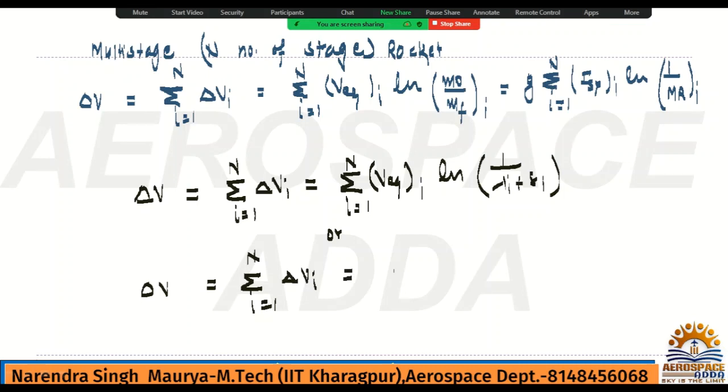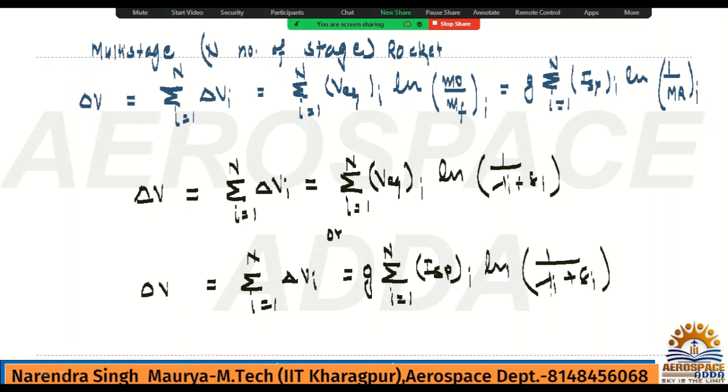If ISP they have given, the same formula, you can write i is equal to 1 to n, delta Vi is equal to summation i is 1 to n number of stages. ISP g you can take outside because g will be constant. ISP i, ln 1 upon lambda i plus delta i.